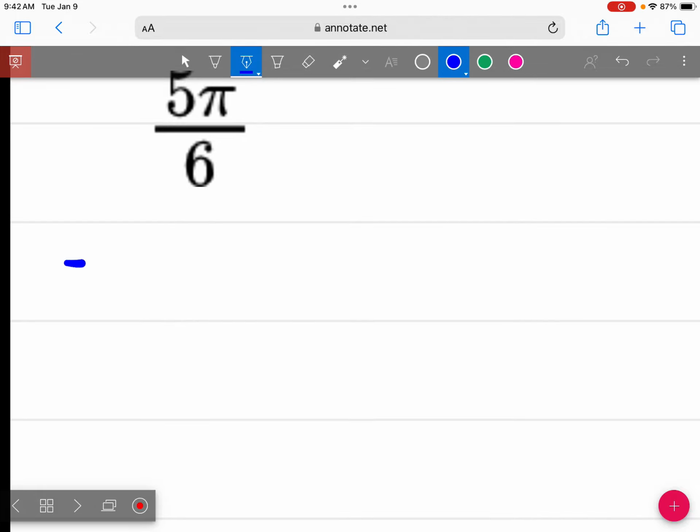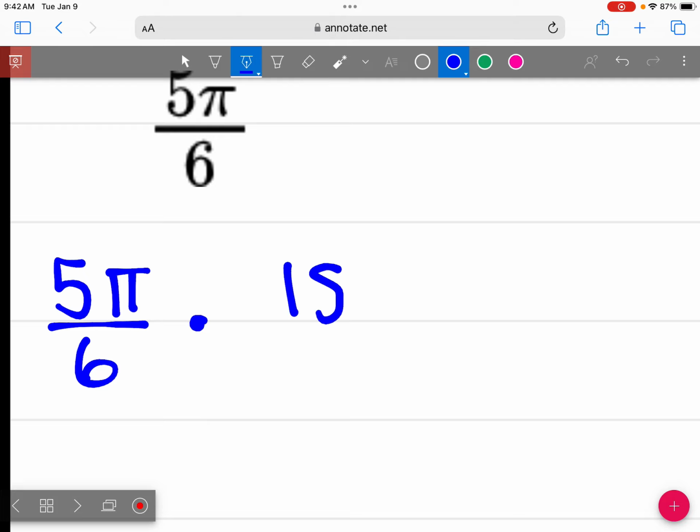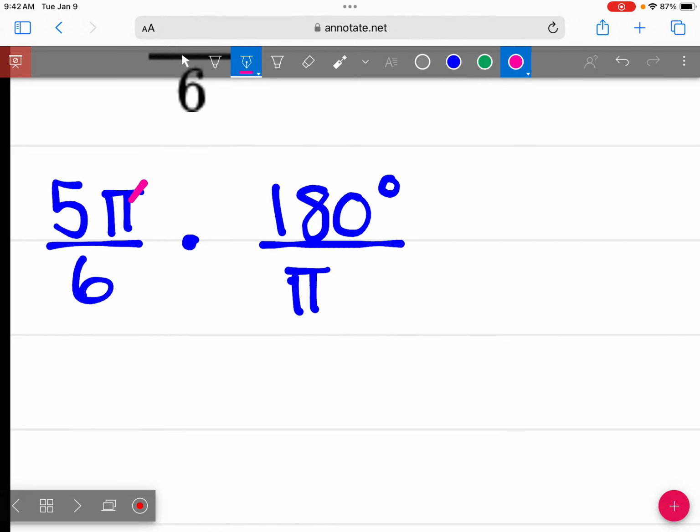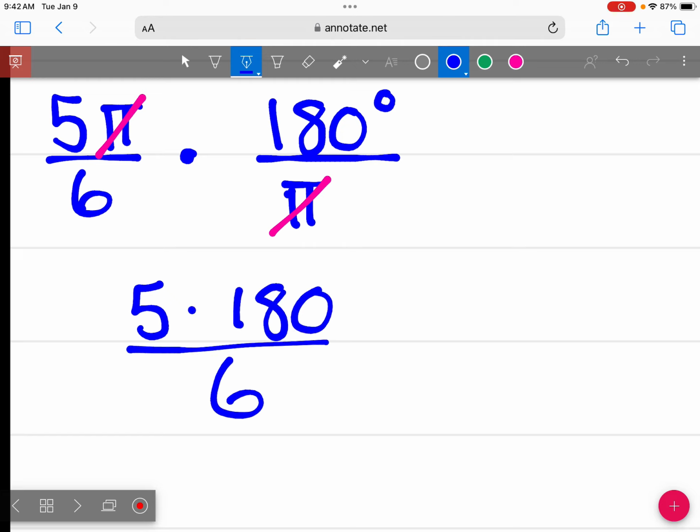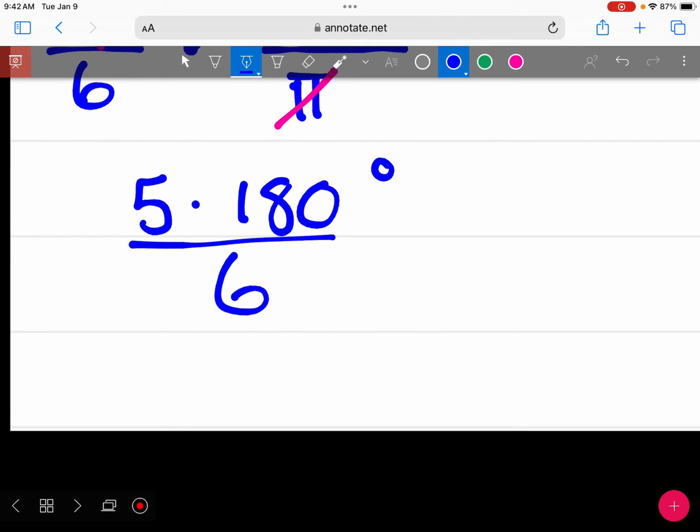Because we're going to take our 5 pi over 6, and this time we want to convert it to degrees, so I'm going to put my degrees on top. 180 degrees for every pi radians. What happens with my pi's? They cancel. So we wind up with 5 times 180 over 6 degrees. Can we simplify that?